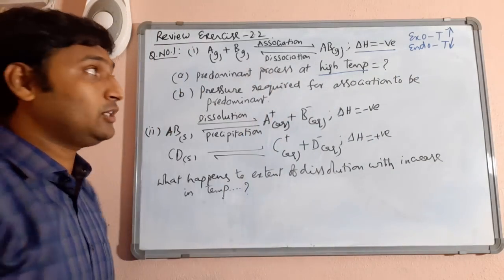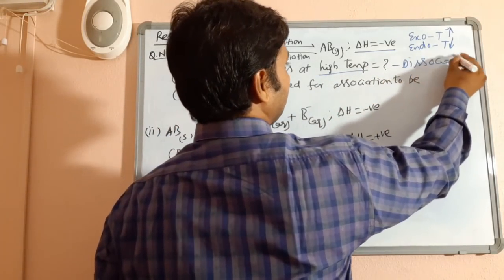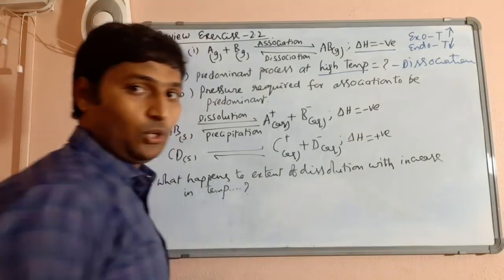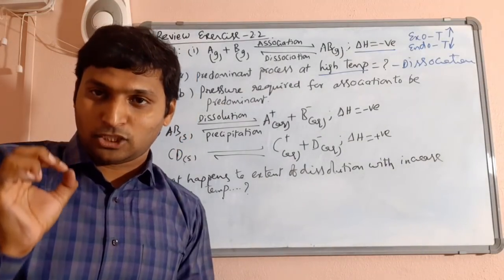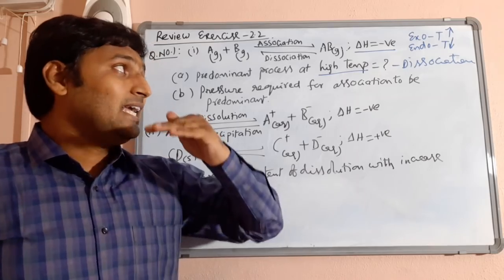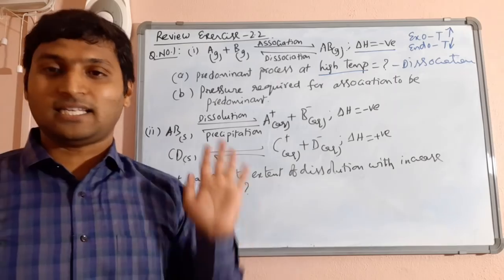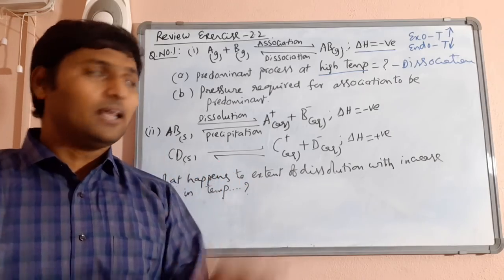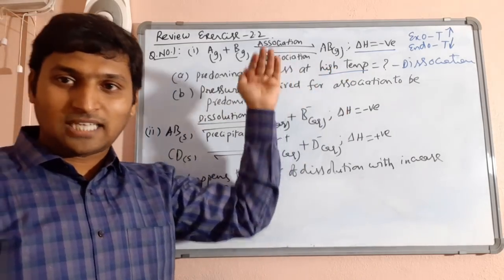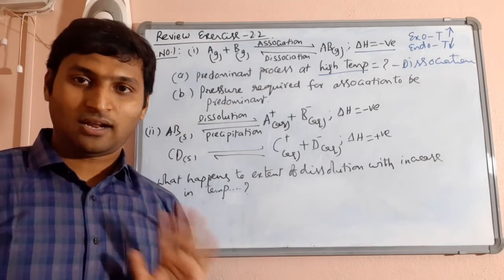Which process here is endothermic? Backward process, which is dissociation. So, when it comes to temperature, what you need to keep in mind is, in exothermic direction temperature increases, in endothermic direction temperature decreases. If you remember that, then based on what change we do from outside, the opposite change will be done inside. Clear?